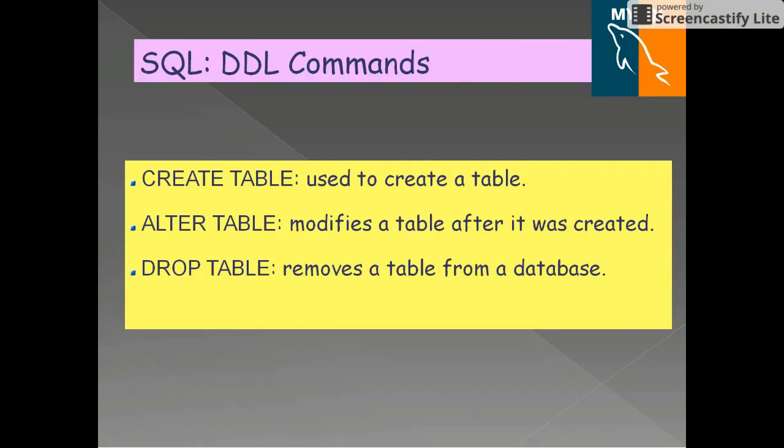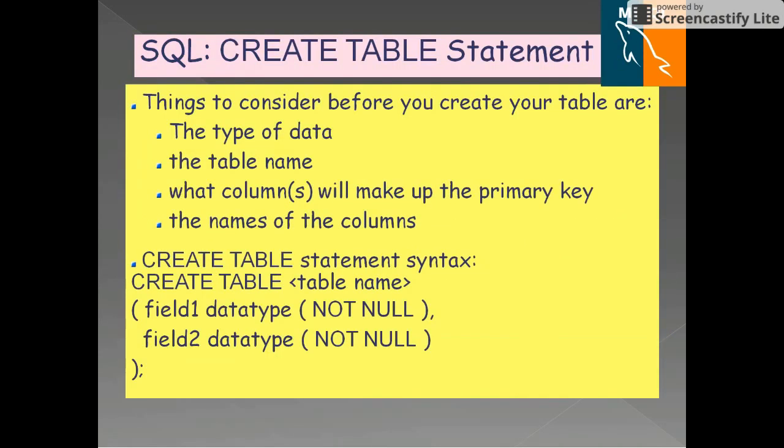There are things we consider before we create a table. We need to define, for example, if I have information of a school, and that consists of information about students, their subjects, their class, their score, and other things, their roll number. There are certain things that are required. The type of data, for example, in a column of name of a student, the type of data is usually character, because a person's name cannot be 123.